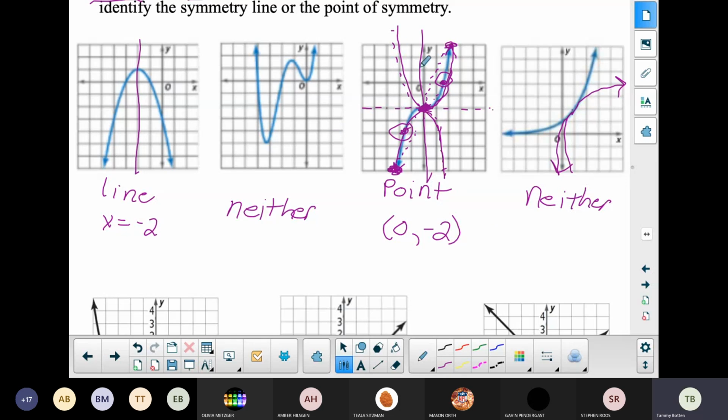The only way that would have line symmetry is if it were a parabola on the top and a parabola on the bottom. That's the only way you could draw a line where the left and right would map onto each other. Or if I did a vertical line or a horizontal line, the top and bottom would map onto each other.